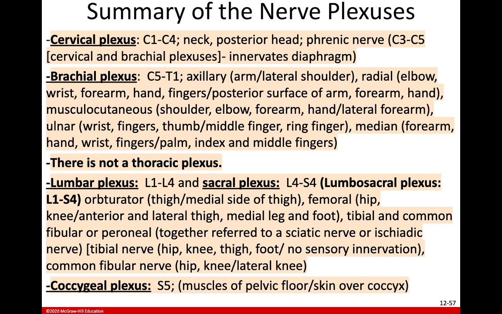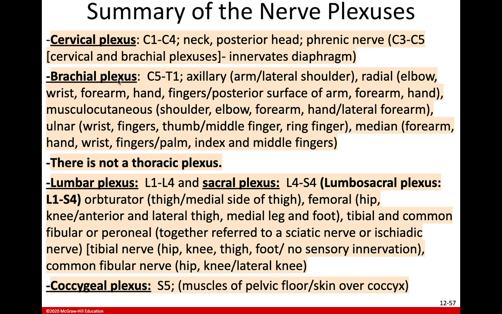Okay, so this is a summary of all the plexuses. Again, you need to be familiar with the phrenic nerve, the cervical plexus C1 through C4, and that phrenic nerve C3, C4, C5 keeps the diaphragm alive.